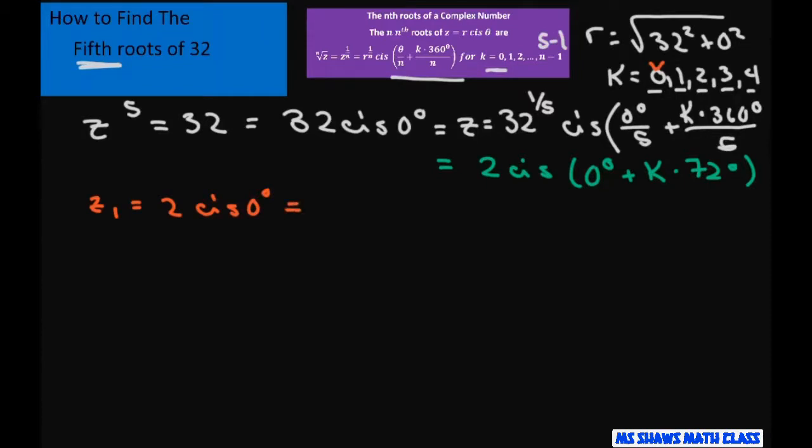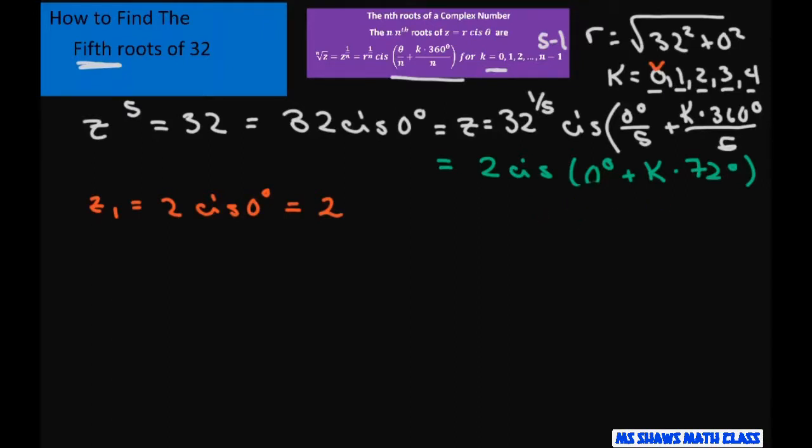And that's just going to equal 2. You can just tell by looking at the graph that cosine of 0 is 1 and sine of 0 is 0. So that's where you get your 2.